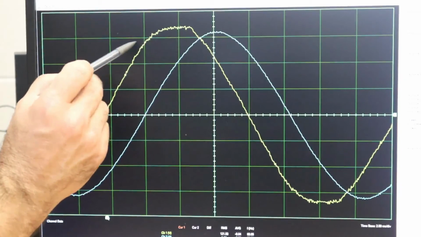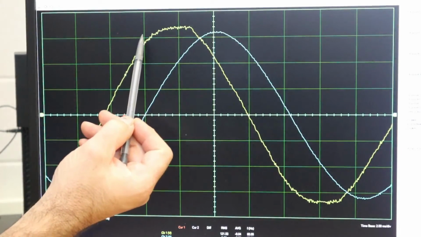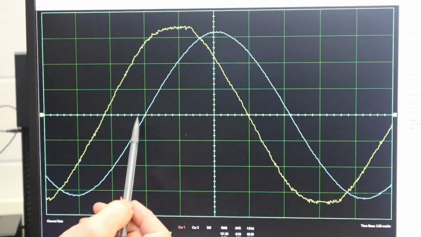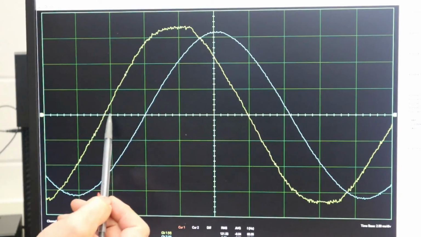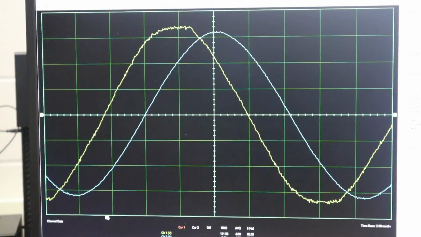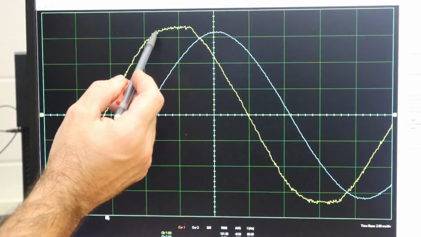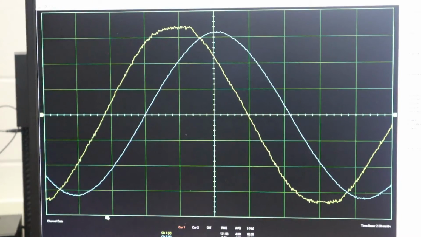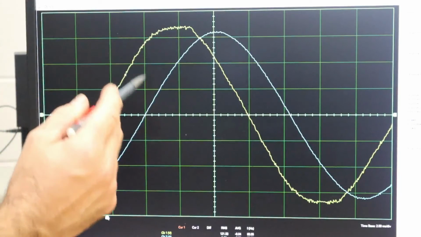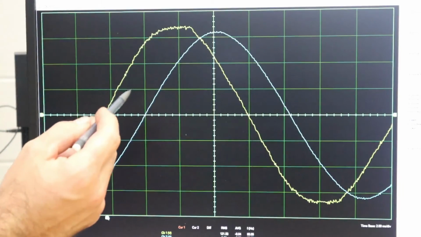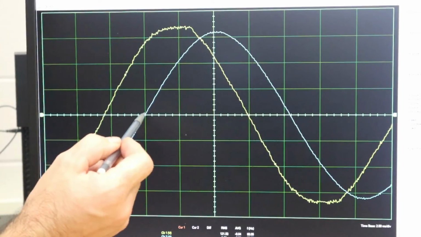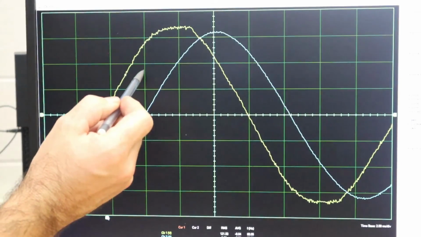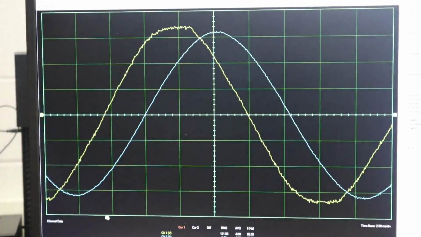This indicates then that the voltage is actually leading the current by the 56 degrees that was calculated previously. If this voltage waveform was down here in the negative alternation, we would then be able to say the voltage is lagging. But that's not what we're looking at here. I follow this line straight up, that is a voltage waveform, and it's also confirmed down here. It says channel 1 V.